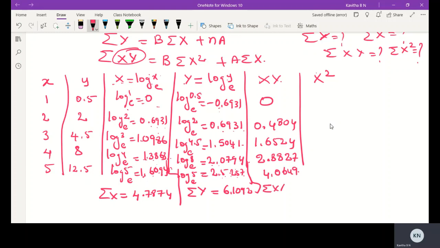Then summation of capital XY is here 9.0804.